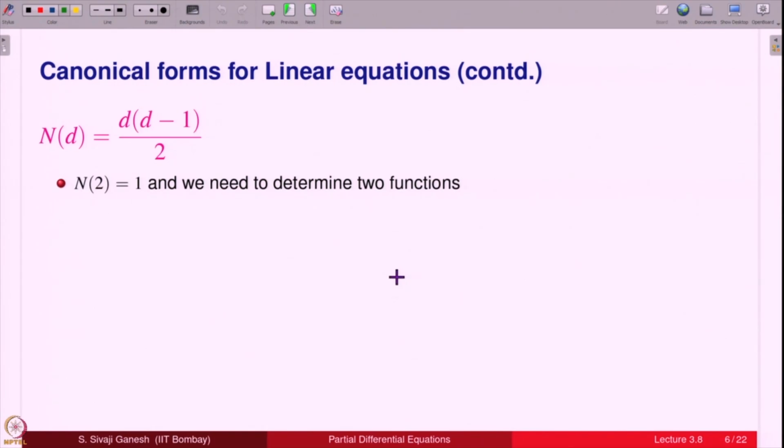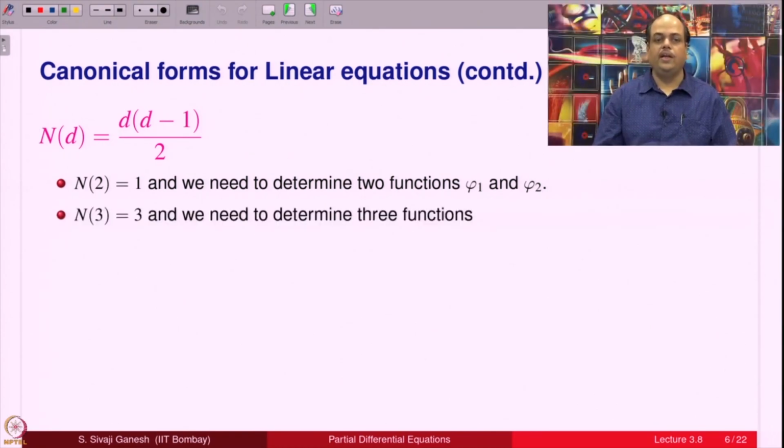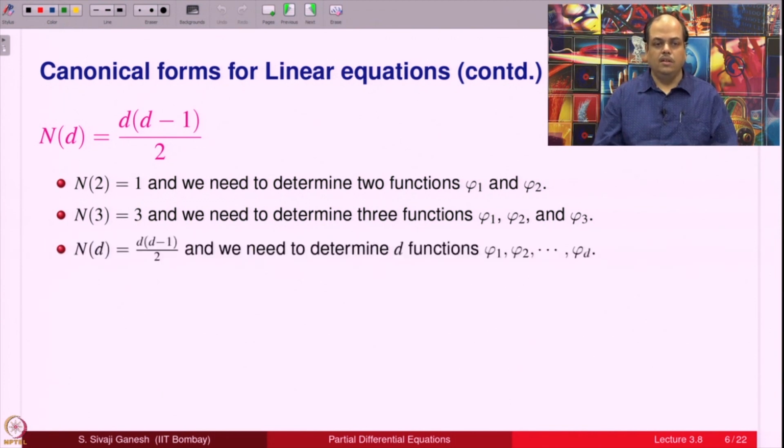How many equations are there? They are d into d minus 1 by 2. So when d equal to 2, n of 2 is 1, we need to determine 2 functions phi 1 and phi 2, 2 functions, 1 condition, looks good. N of 3 is 3, 3 equations, 3 unknowns, nonlinear equations, that is anyway there, but at least 3 conditions and 3 functions, maybe looks reasonable.